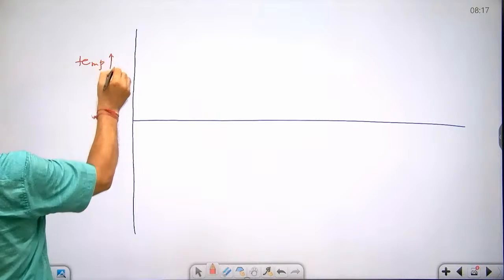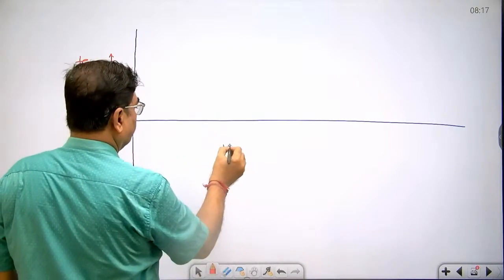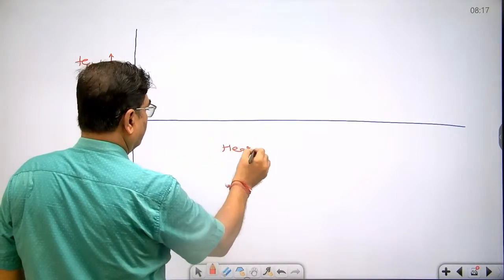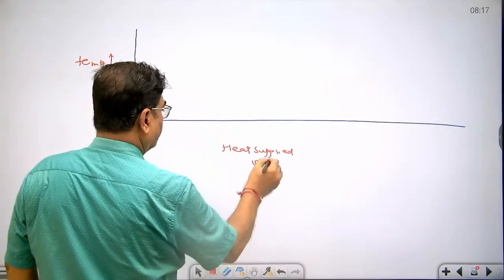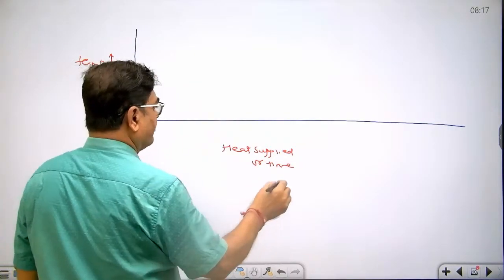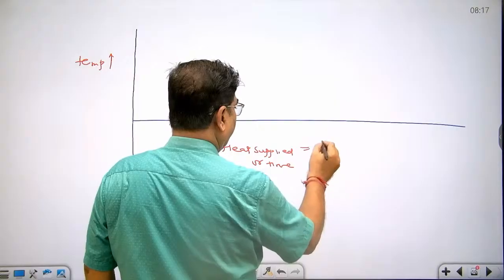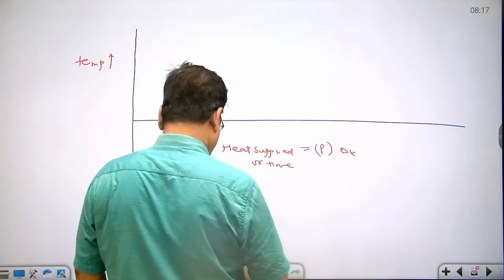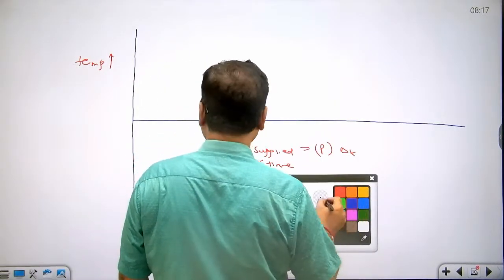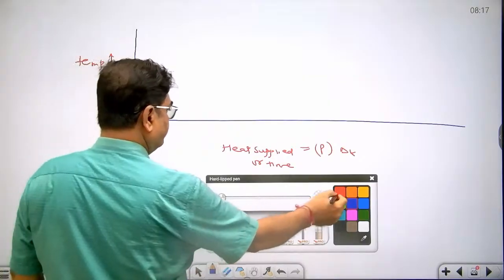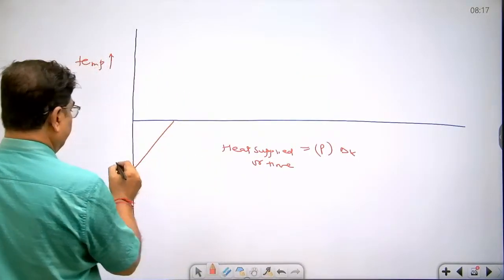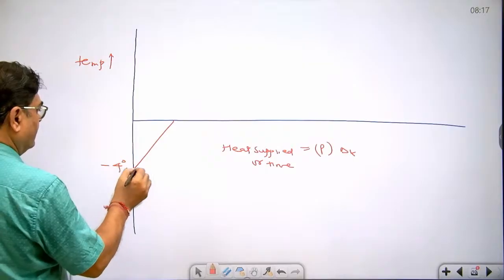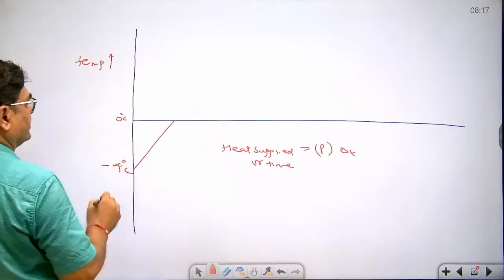Dear student, this is temperature and this is heat supply, or time, because heat equals power into time interval, if a constant power source is used. The temperature of ice was minus 4 degrees centigrade, then this is temperature 0 degrees centigrade.